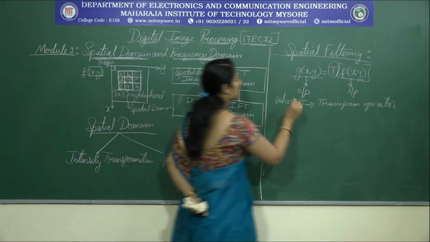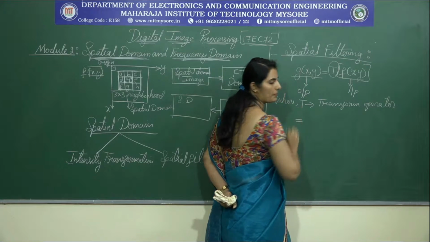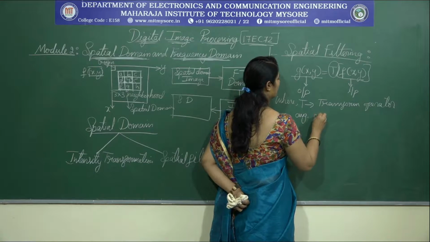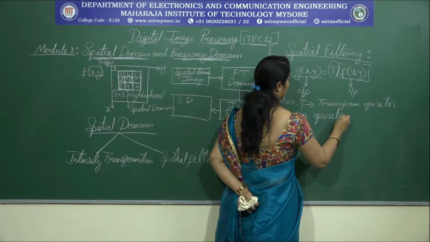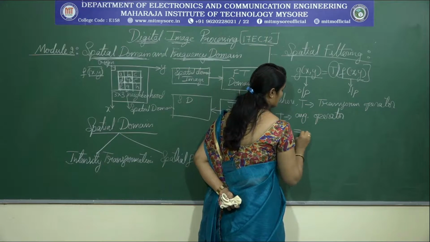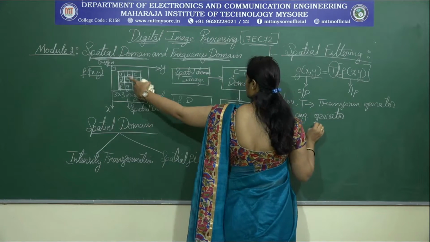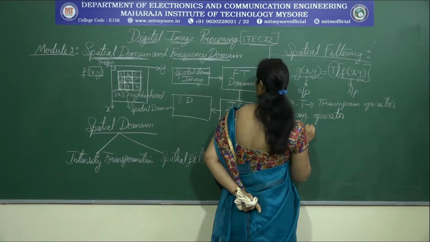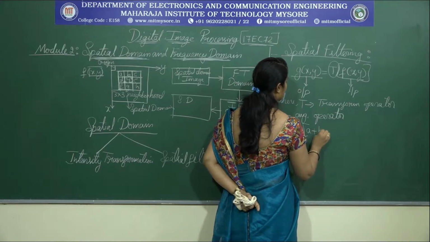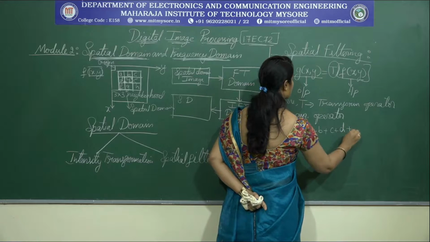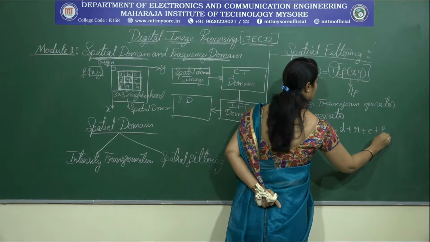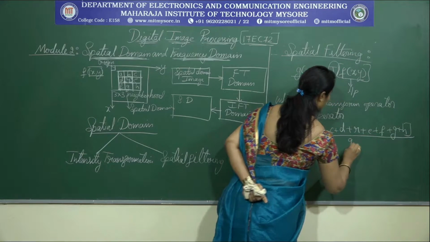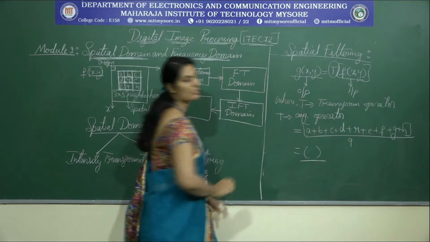So for example, if T is the average operator, then to find the intensity of the pixel R, it has to find the average of all the neighborhood, which is equal to A plus B plus C plus D plus R plus E plus F plus G plus H, whole divided by 9. So this gives the average value.